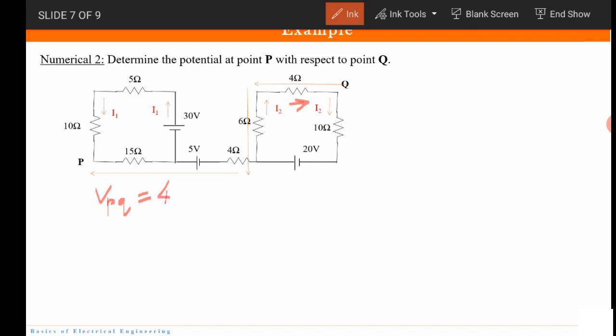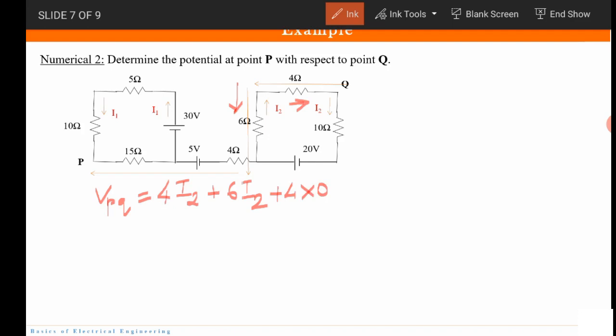So it comes out to be 4 and the current flowing through it is I2. Then we come from this. Again we are moving in the opposite direction, so we will write plus 6 I2. And across the 4 ohms, no current flows.